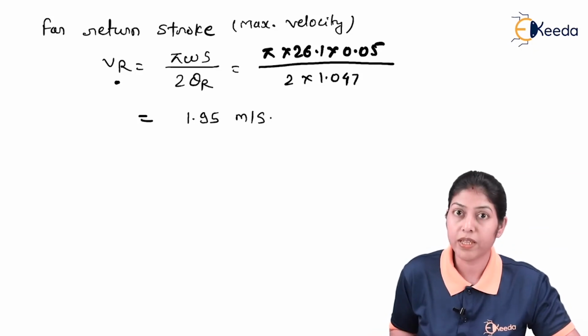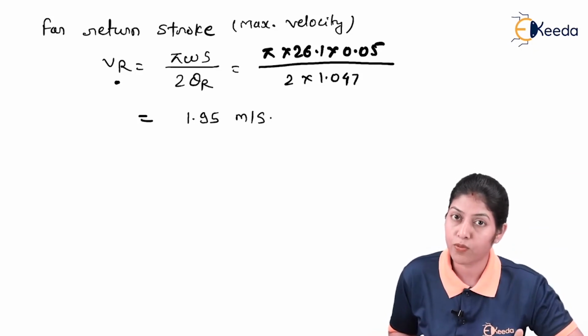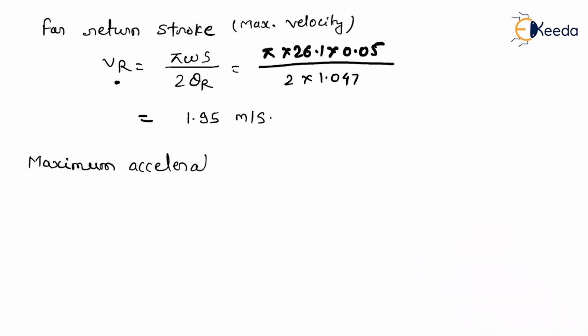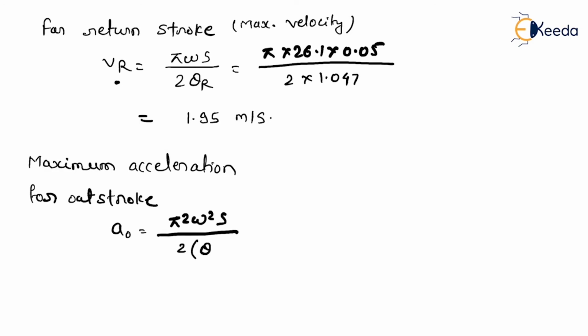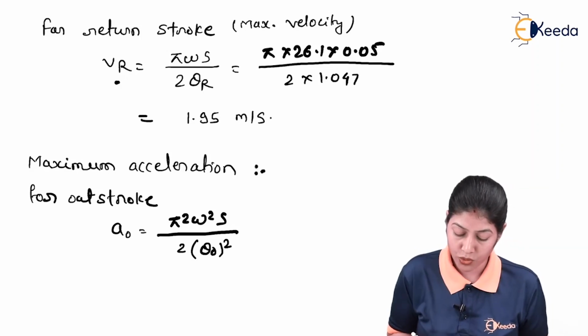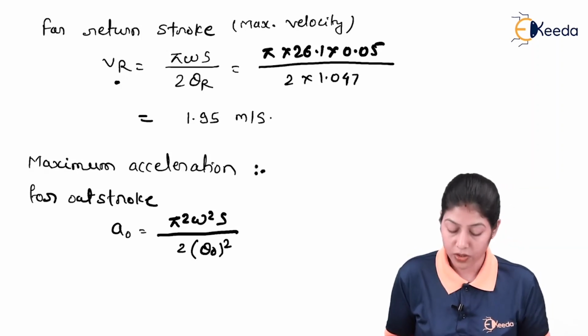Now if we want to determine the maximum acceleration, we will determine it for both conditions, outstroke and return stroke. So here we have the formula for maximum acceleration for outstroke. A naught will be pi square omega square s by 2 theta naught square. So we will put the values here.